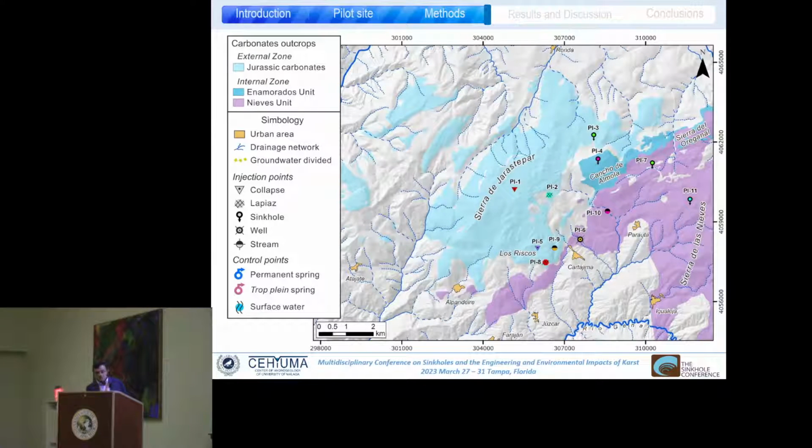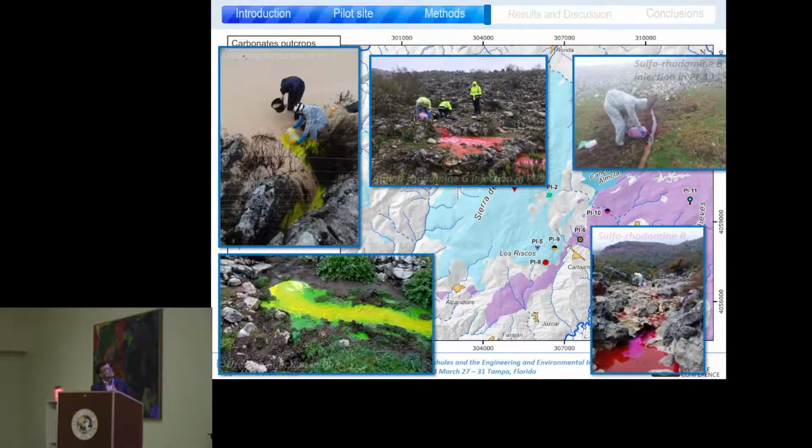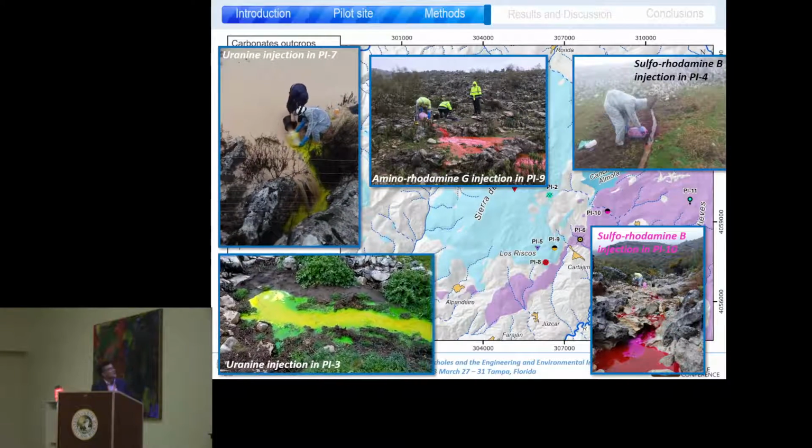And this information we have from natural response, hydrodynamic, temperature, and also isotopic and chemical data are very well in connection with dye transfers we have done at different places in the catchment area of this karst spring.